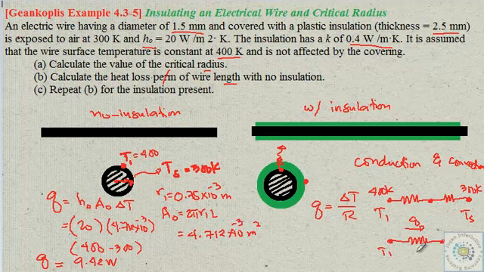So this will still be T1, and here it will be Ts. Q will then just be as easy as delta T over R total. So Q will just be solved if we can just get R total. So not really much of a problem really.